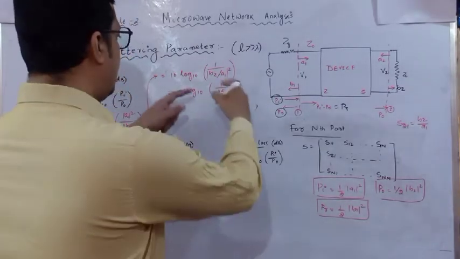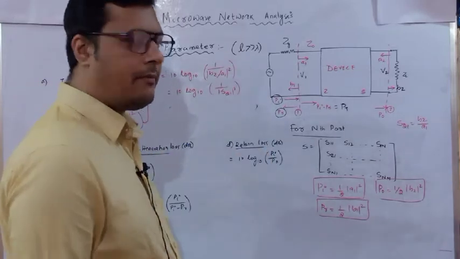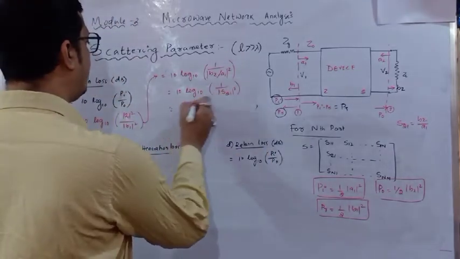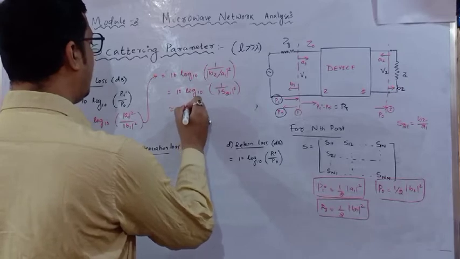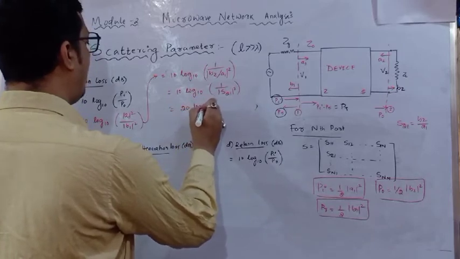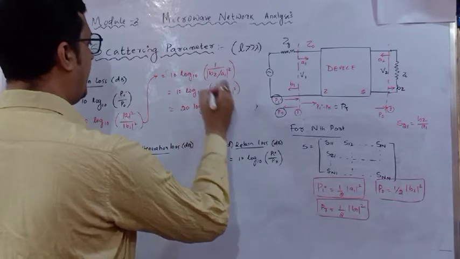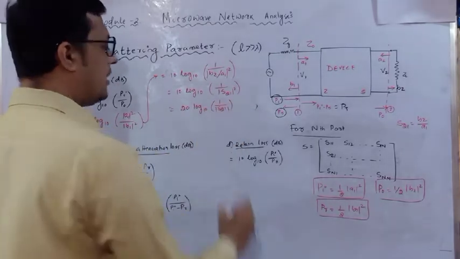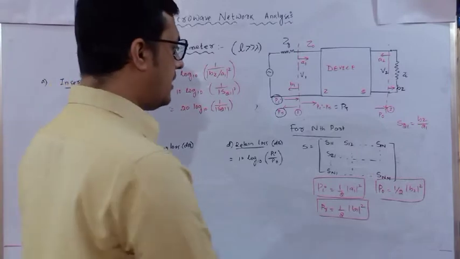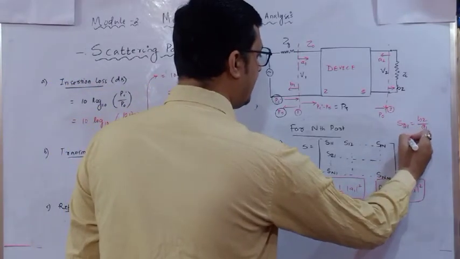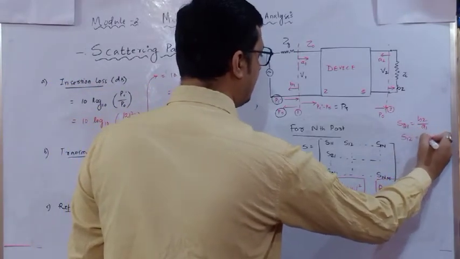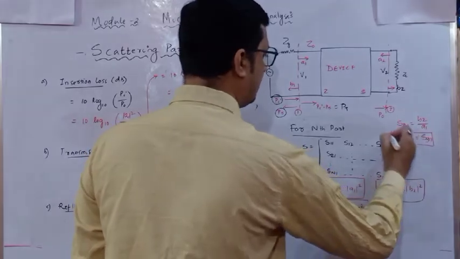Then if you take this square outside, you will get 20 log base 10 1 by mod of S21. Now if it is a reciprocal network, S12 is equal to S21.